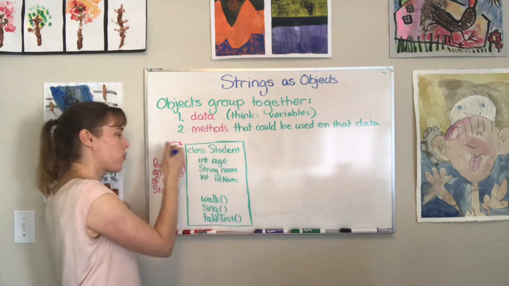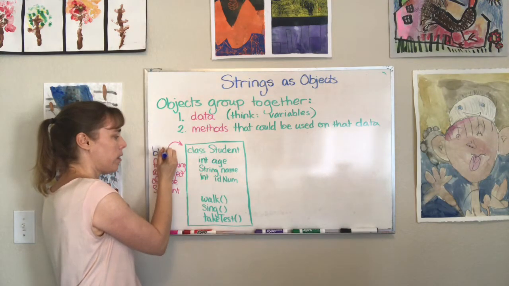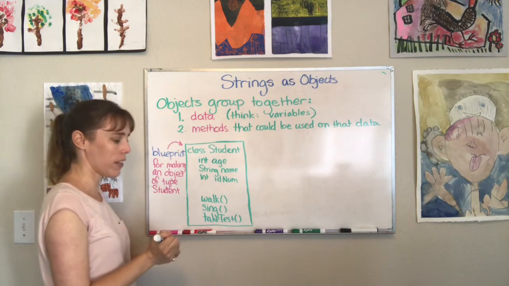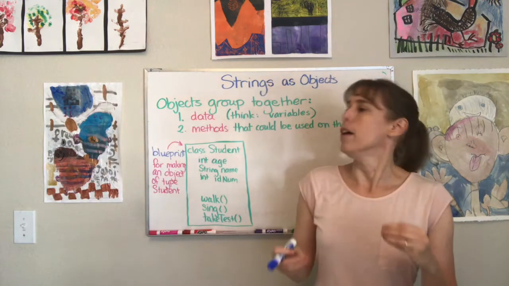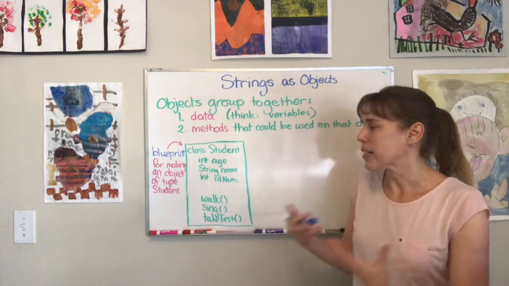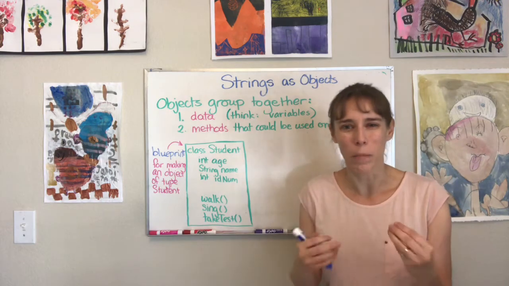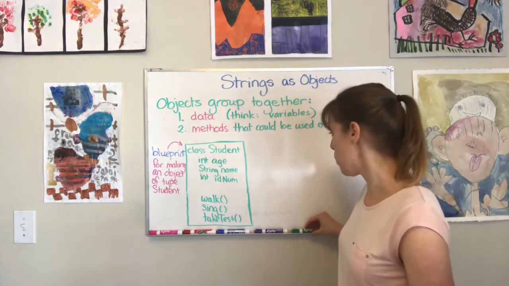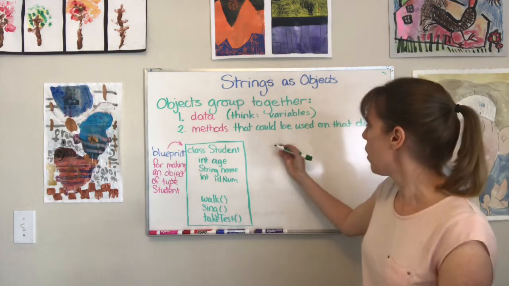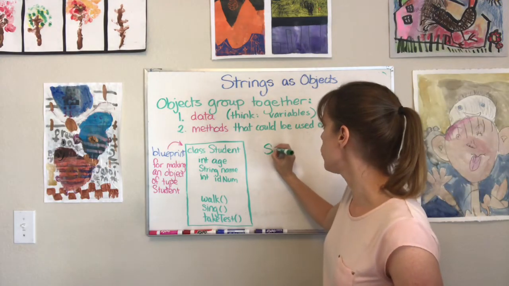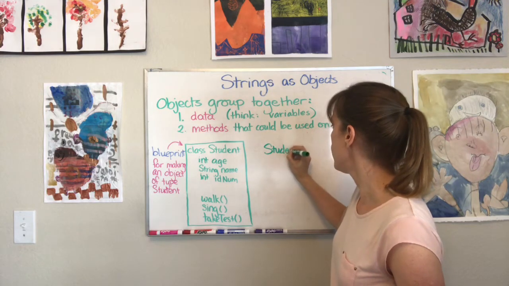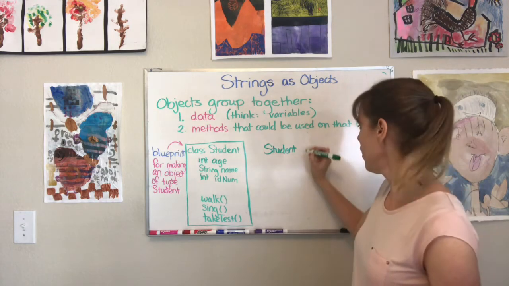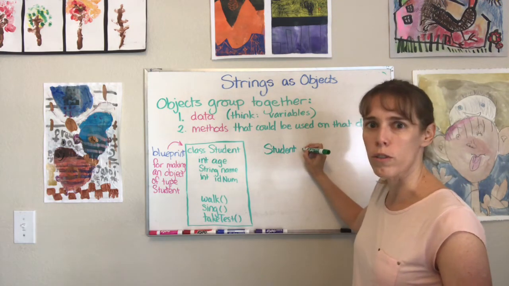This class Student is a blueprint for making an object of type Student. So if I wanted to actually make an object of type Student, an instance of a Student object, I would create a new Student.